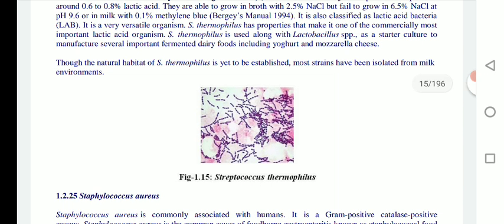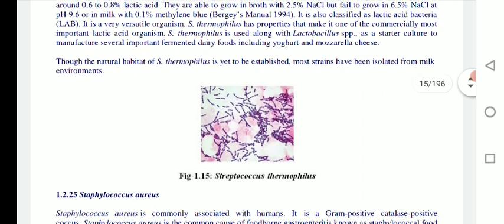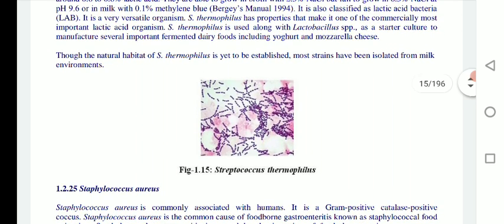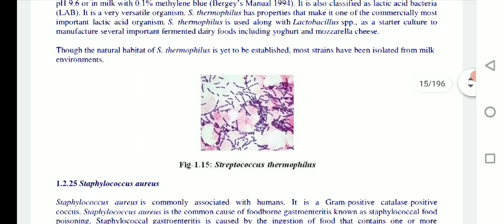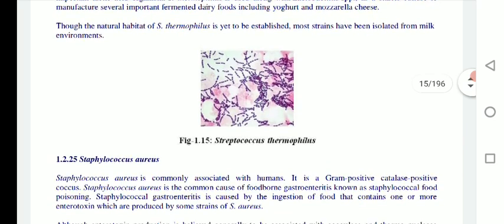Though the natural habitat of Streptococcus thermophilus is yet to be established, most strains have been isolated from the milk environment. So the basic environment for this bacteria is milk. If you want to isolate that bacteria, you have to take a milk sample. So milk is the principal environment for Streptococcus thermophilus.